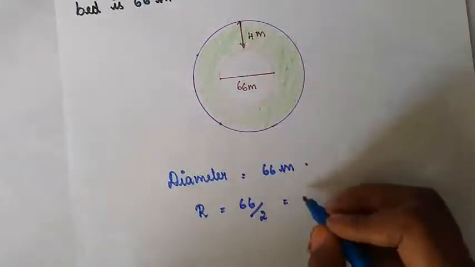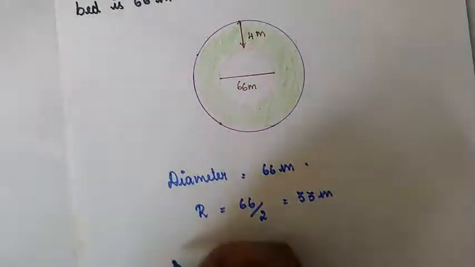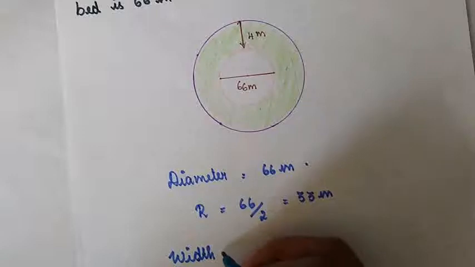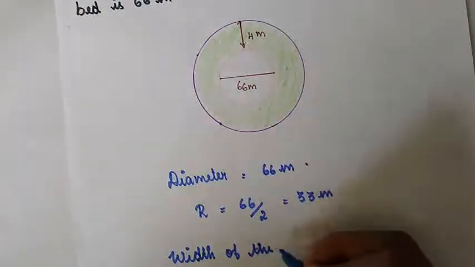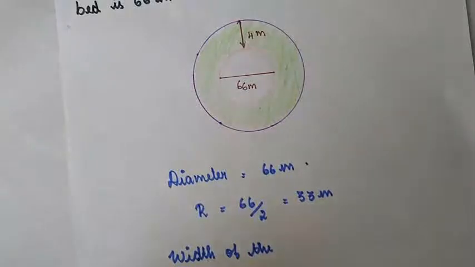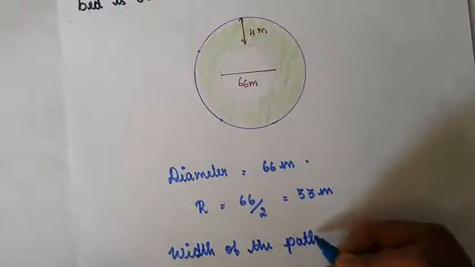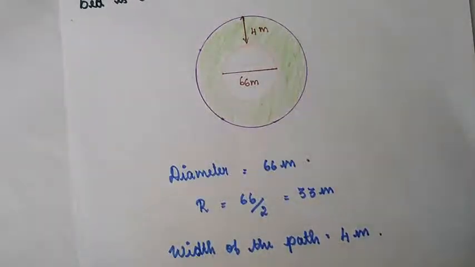We get 33 meter. And the width of the pot is 4 meter. First we have to find the radius of the bigger circle.